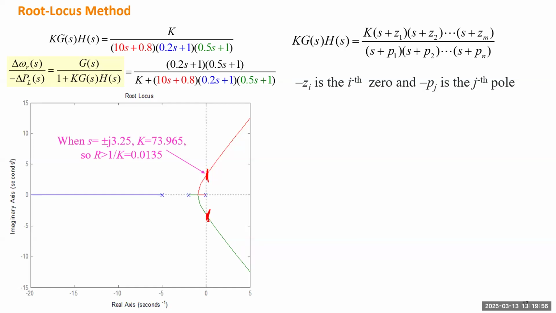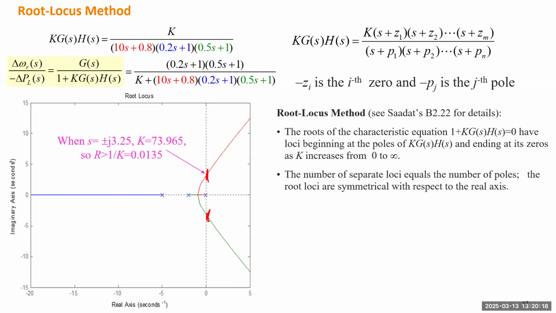Later, when k is large enough, the zeros play a dominant role. That explains why each root locus starts from a pole and goes to infinity. But for this case, there's no zero. The only zero is at infinity. So all root loci will finally go to infinity.